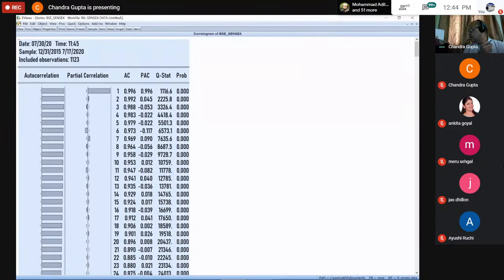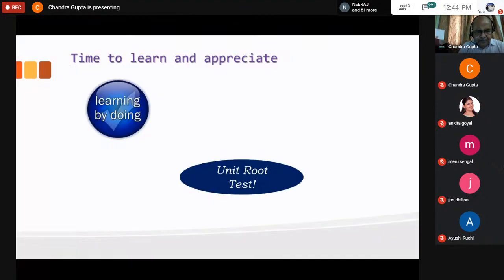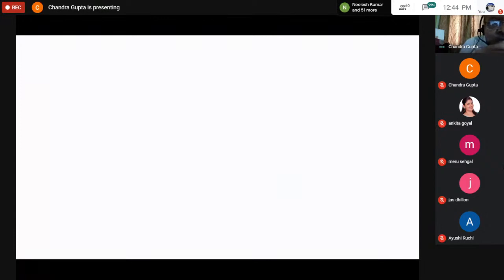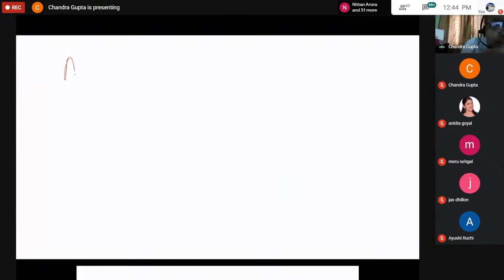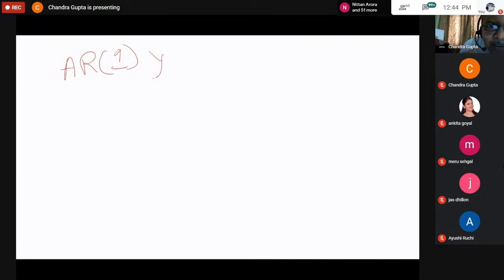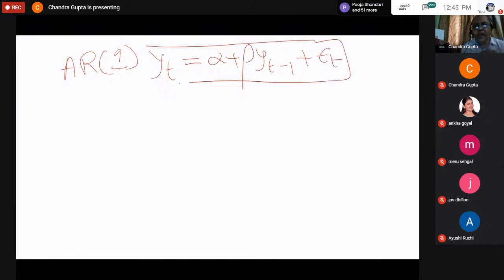Sujit Mondol is asking me to repeat the AR(1) process. The AR(1) process says a series is regressed with its own one lag. This is my AR(1) model.